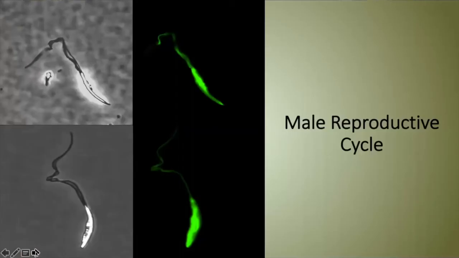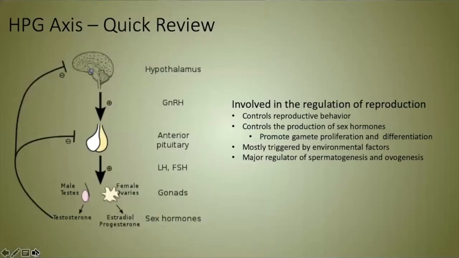Okay, so let's go a little more into detail with the male reproductive cycle. Those of you that attended Vance's webinar, the last webinar that was given, he went into detail on the hormonal control of reproduction in Anurans. I will just give you a quick overview.